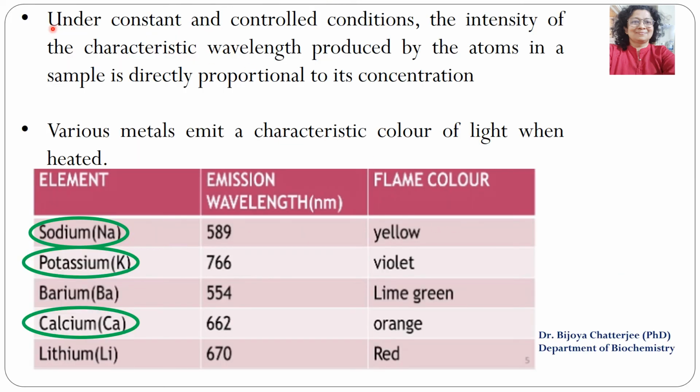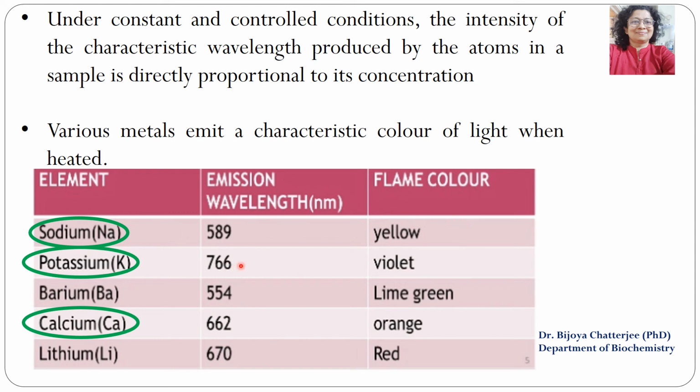Under constant and controlled conditions, the intensity of characteristic wavelength produced by the atoms in a sample is directly proportional to its concentration. Various metals emit a characteristic color of light when heated, of a certain wavelength. Sodium emits light of 589 nanometer wavelength, which is yellow in color.